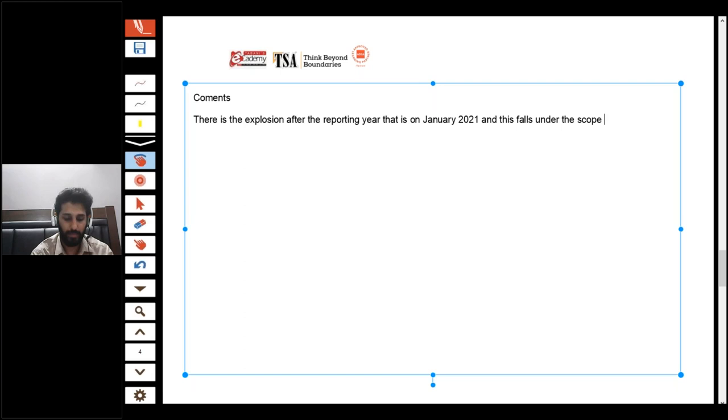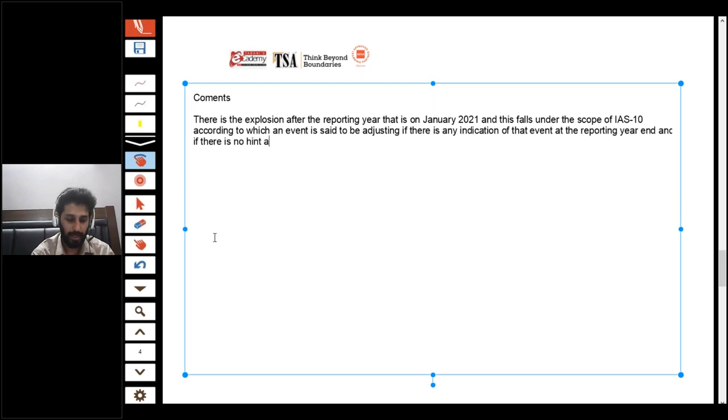All right, and this falls under the scope of IAS 10, according to which an event is said to be, you have to comment on a 360-degree angle, an event is said to be adjusting if there is any indication of that event at the reporting year end, and if there is no hint at the reporting year end, then the event is non-adjusting.